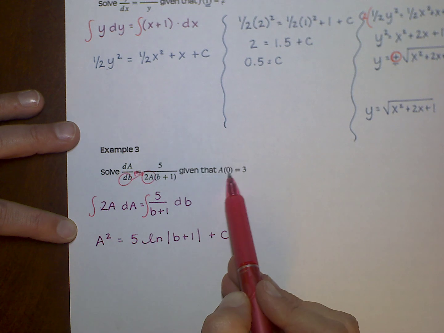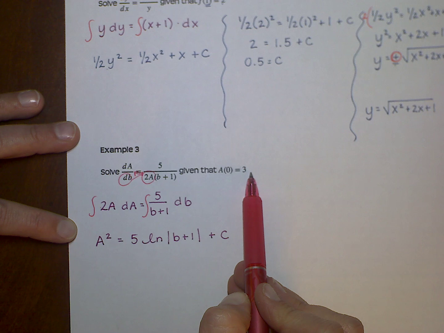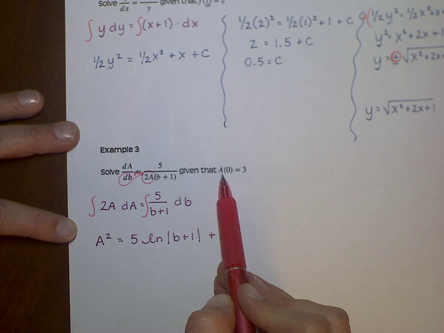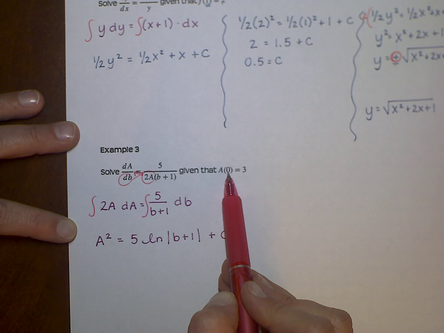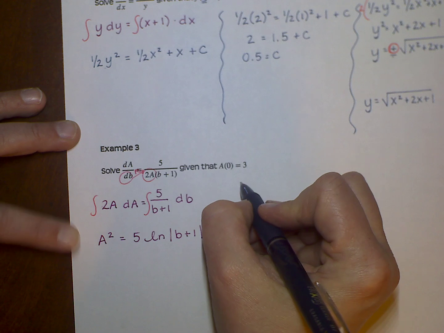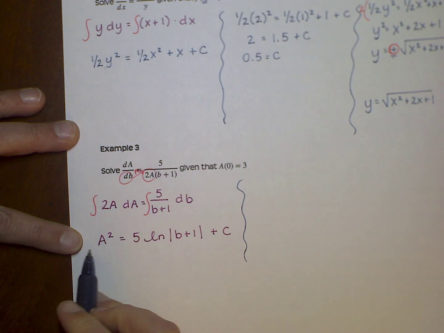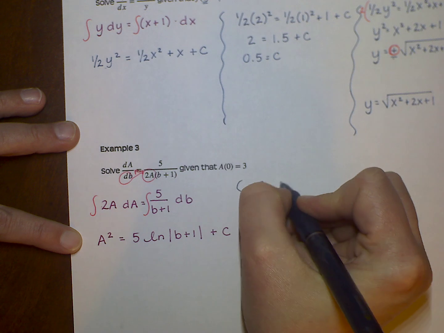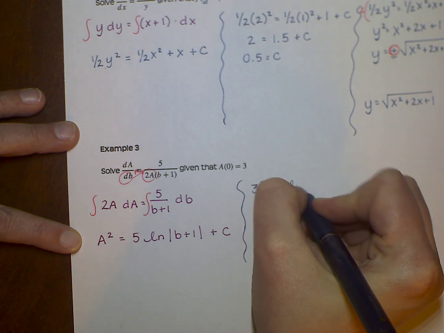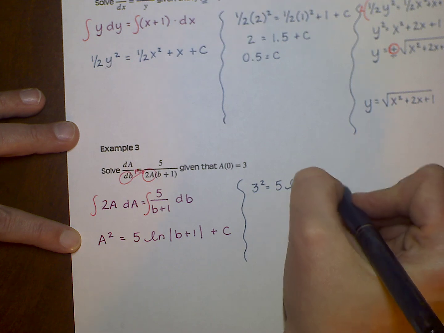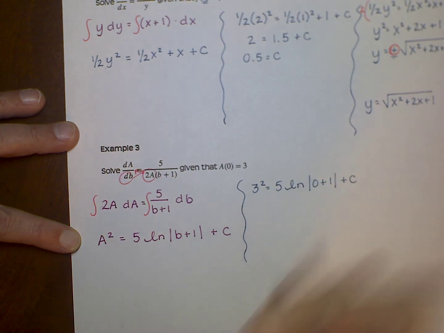So this is my input, this is my output. So this is my a value, this is my b value, this is my input, which is the b. So I'm going to solve for that c value. My a squared, so that's 3 squared, equals 5 natural log of 0 plus 1 plus c.